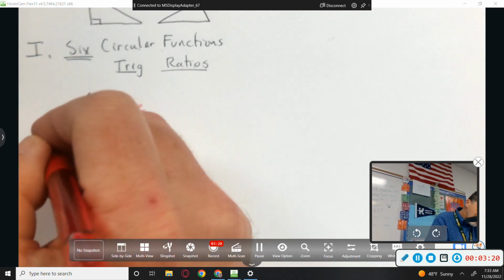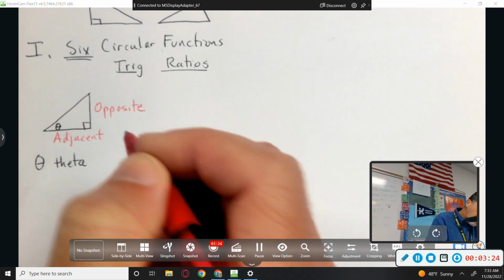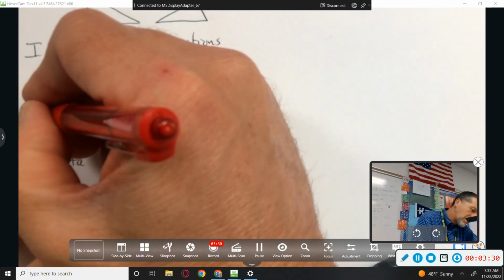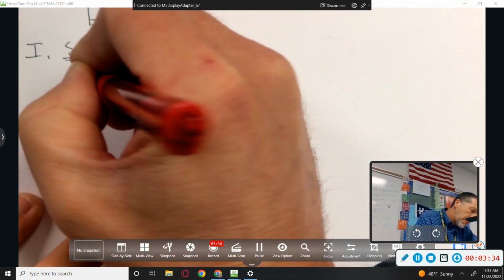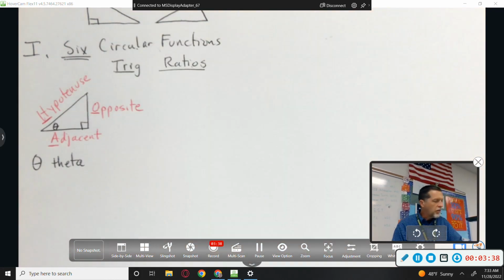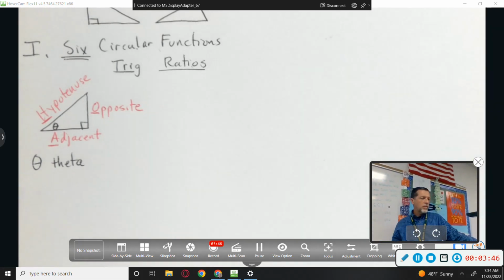Adjacent. And the fancy word for the side across from the right angle? Hypotenuse. And then you might remember that we use the first letter of their names frequently. O, A, and H. Opposite, adjacent, hypotenuse.